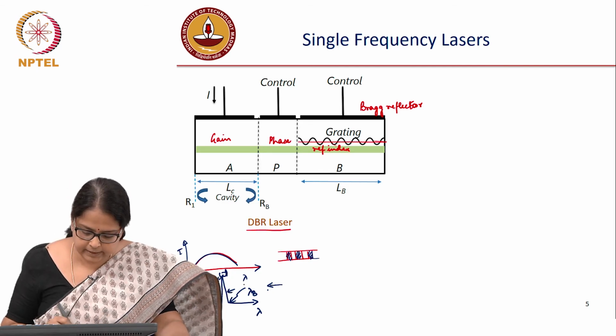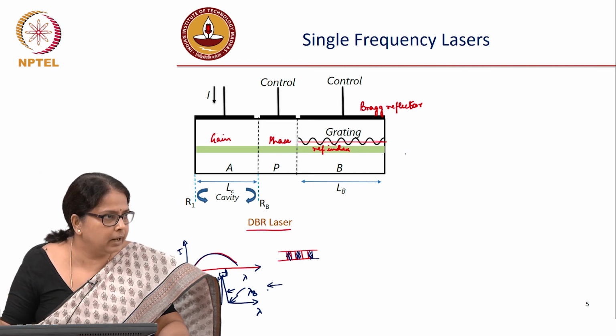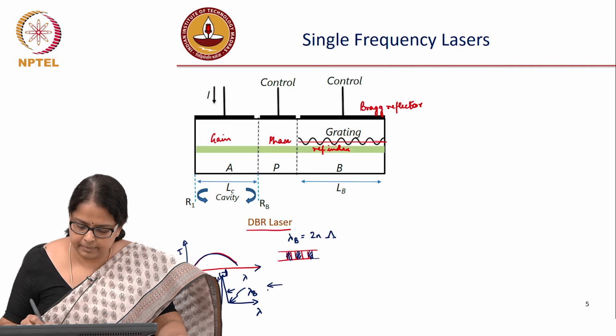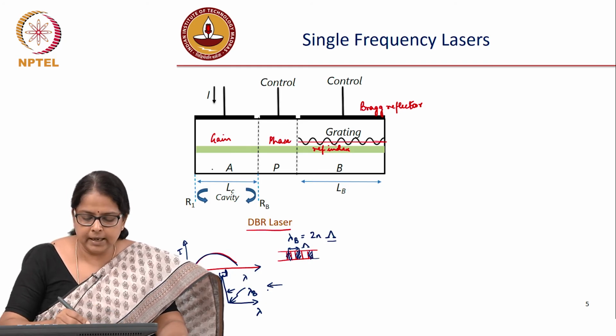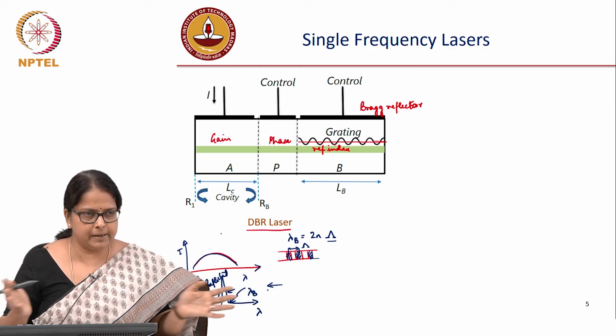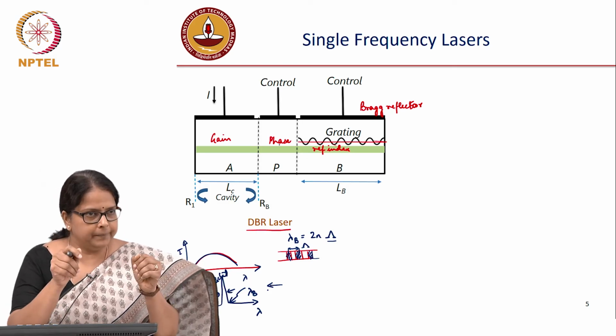This width is decided by how you are making the grating, how many layers you have of high index, low index. The lambda b itself is decided by 2n lambda, where n is a number and lambda is the periodicity of this grating. Essentially, the gain section can emit all different wavelengths depending on the material that you are using. The phase section will help to control the FSR of the cavity.